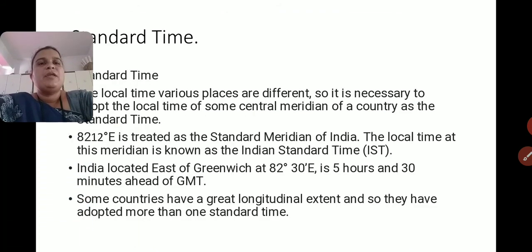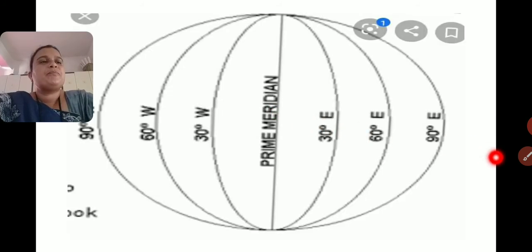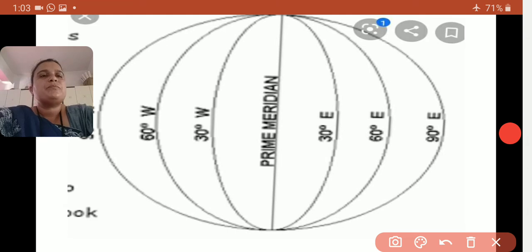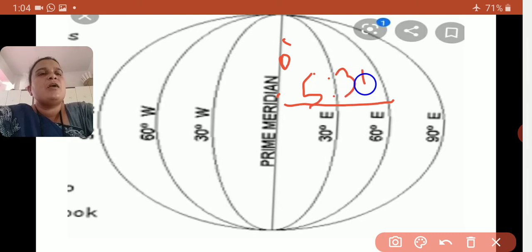Now see, India is located east of Greenwich, as 82 and a half degree east is 5 hours and 30 minutes ahead of Greenwich Mean Time. Now here, this is considered as 0 degree, meaning 12 noon, and after that our country is 5 hours 30 minutes ahead because it is in the east.